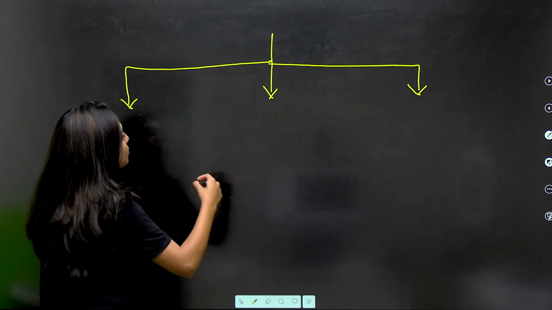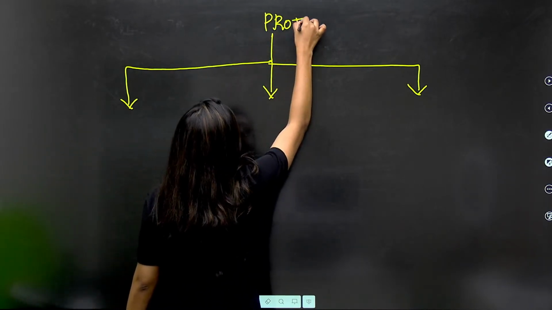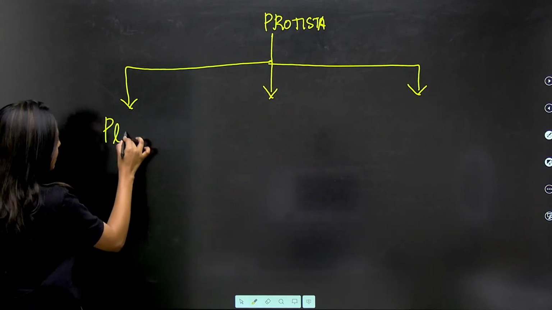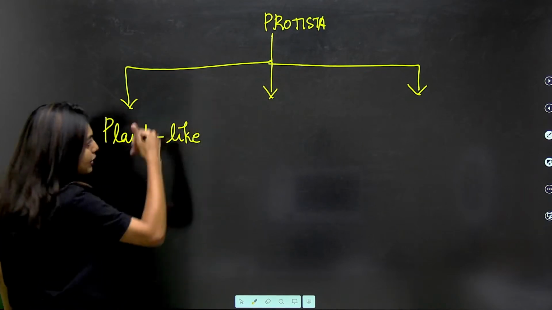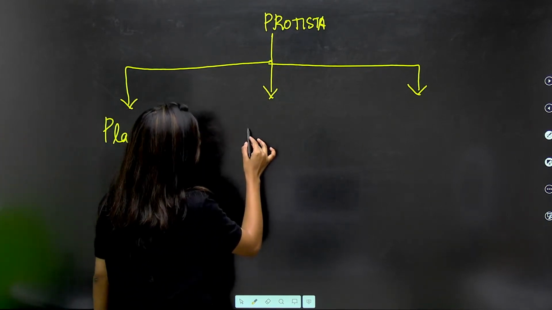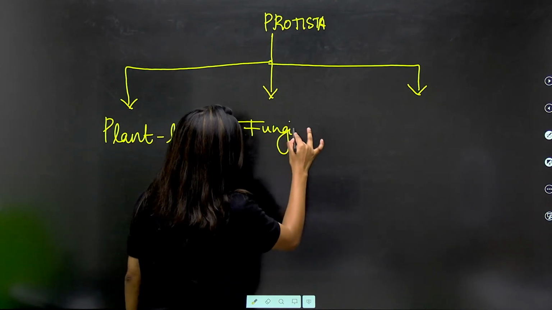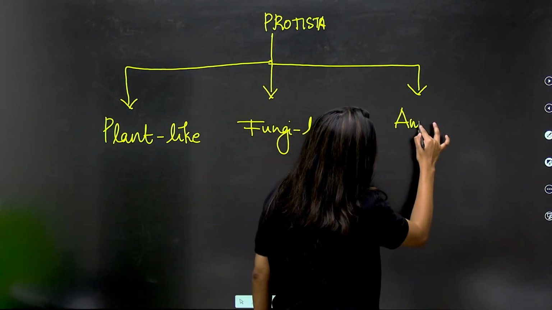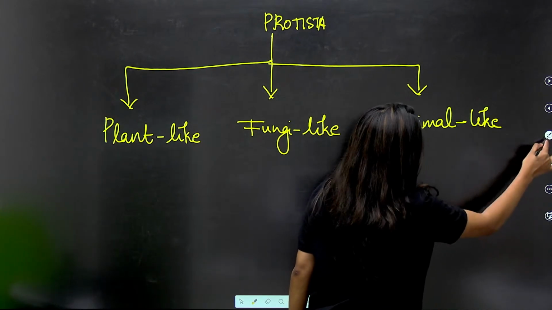Okay. So, your protista, we will have one called plant-like. We'll see which are the ones that behave plant-like under protista. Then we will have fungi-like, okay, fungi-like. Then we will have animal-like. Can you all write it down?